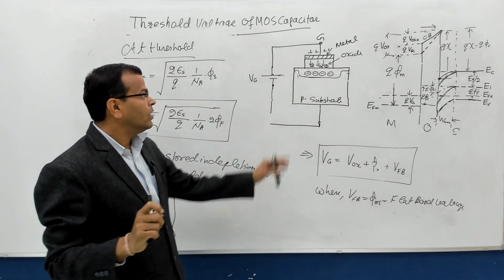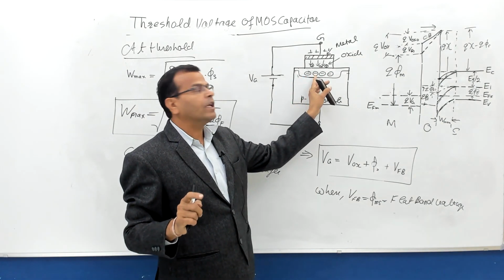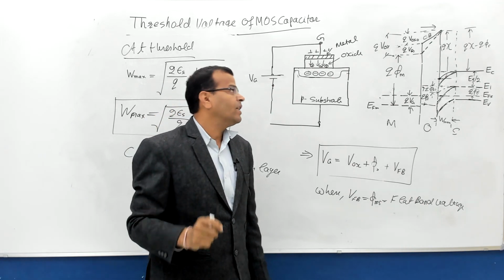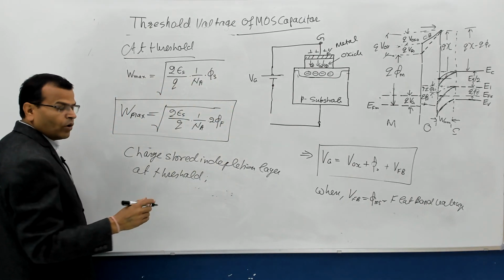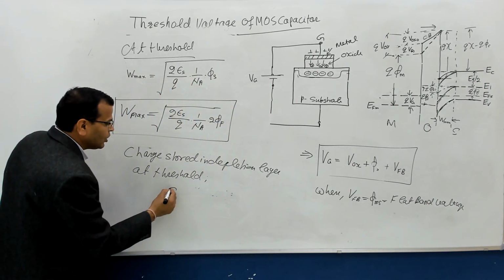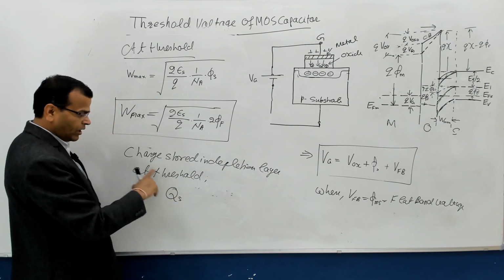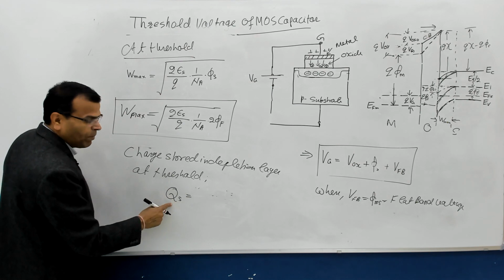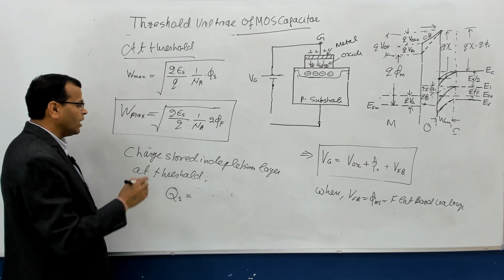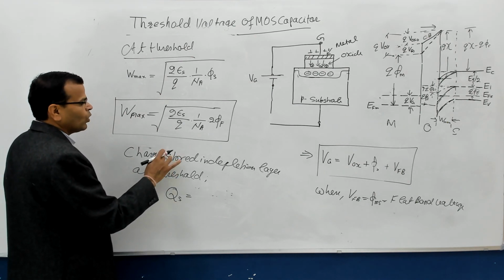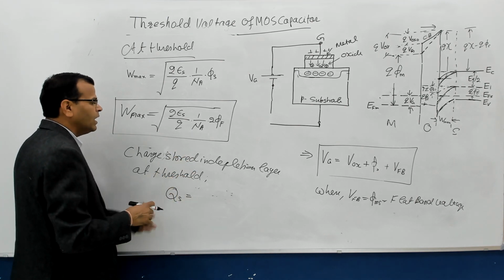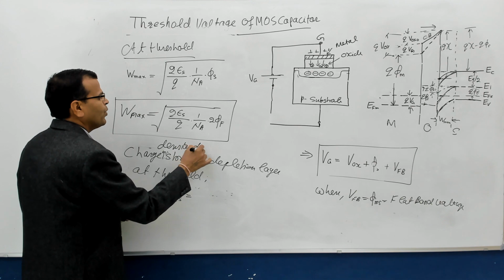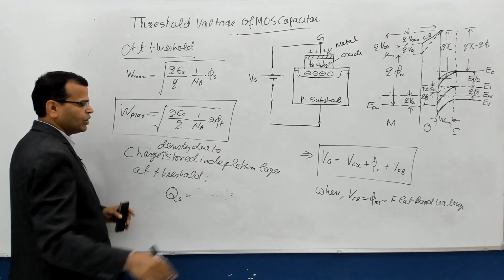So at threshold, the charge in the depletion layer is because of the bound charges only. And that charge, or I'll say the charge density in the substrate at threshold, remember, is charge per unit area. Although I'll say charge stored, I mean the charge density due to stored charge, right?